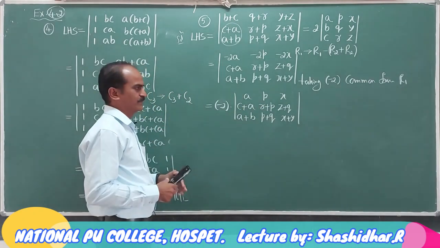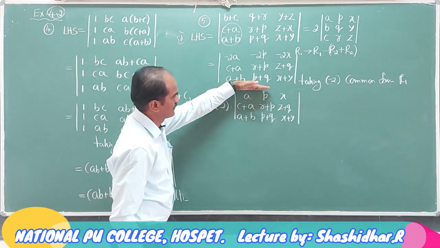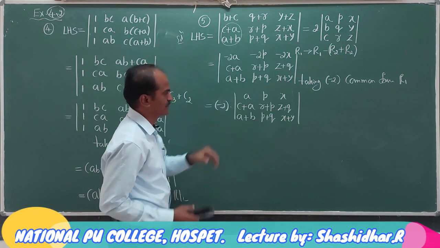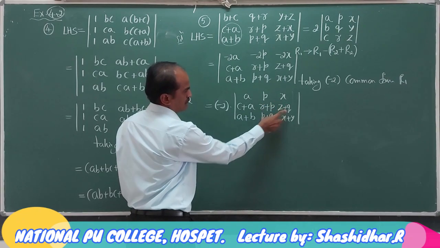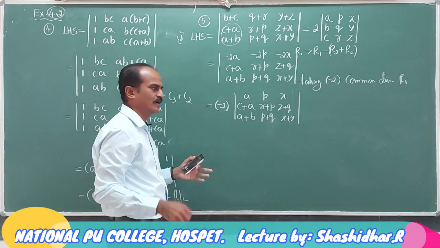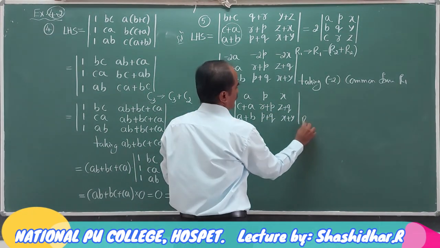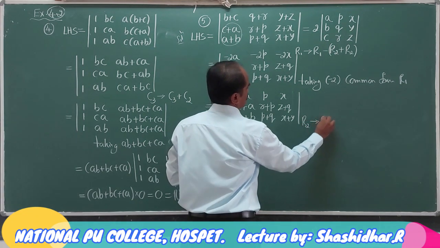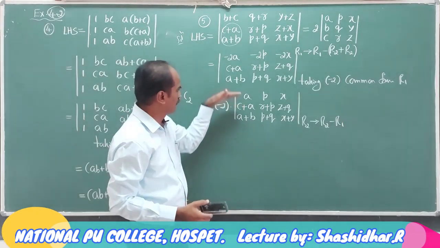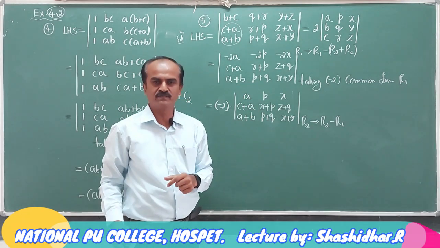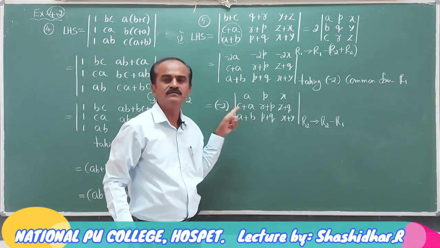Again, observe carefully. Observe the first row elements and the second row elements. You are able to see A, P, Q. I can eliminate them. How can I eliminate? I write R2 changes to R2 minus R1. Nothing but multiply first row elements by minus 1, adding it to second row elements.